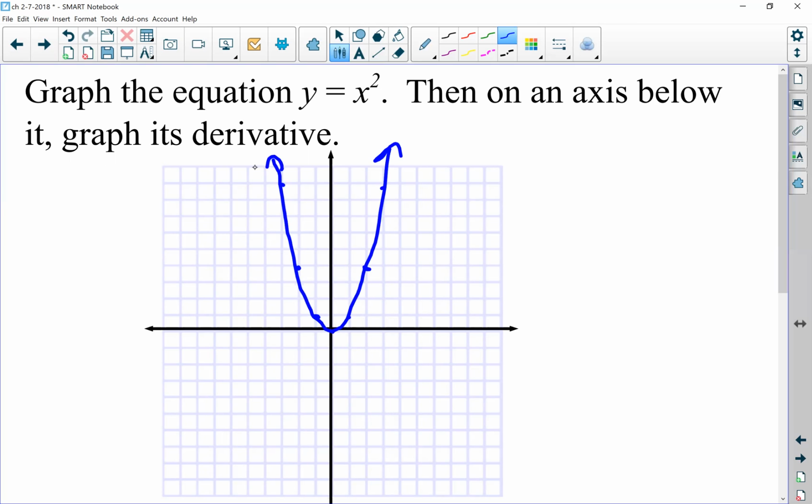So there's our function. The derivative is 2x. Now I'm graphing the derivative function. I am not graphing the tangent line.